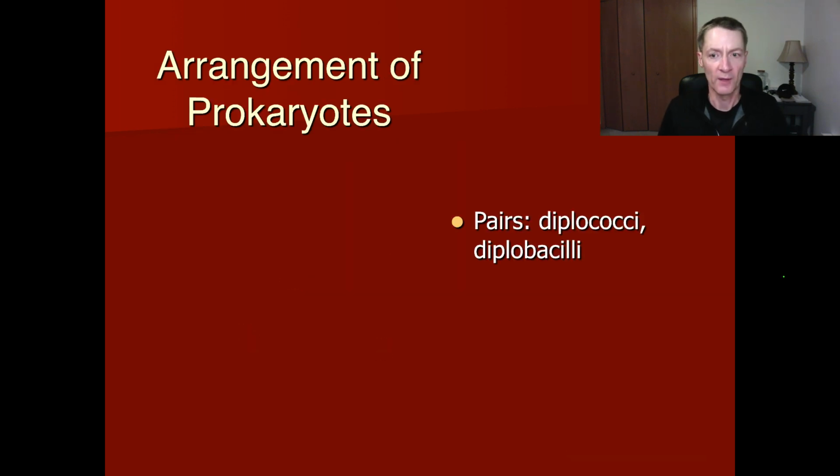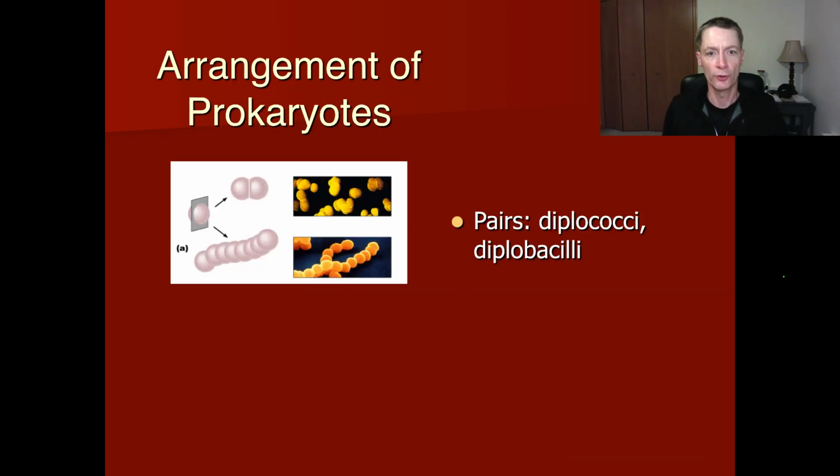Another thing that we could talk about when it comes to these prokaryotes is how they arrange themselves when they're growing. Okay. Sometimes we'll see that these cells always arrange themselves in groups of two. So we talk about diplo. We have this diplo prefix in front of the word, right? If diplo is the prefix and cocci is the suffix, then these are spherical cells that are grouping in twos, right?